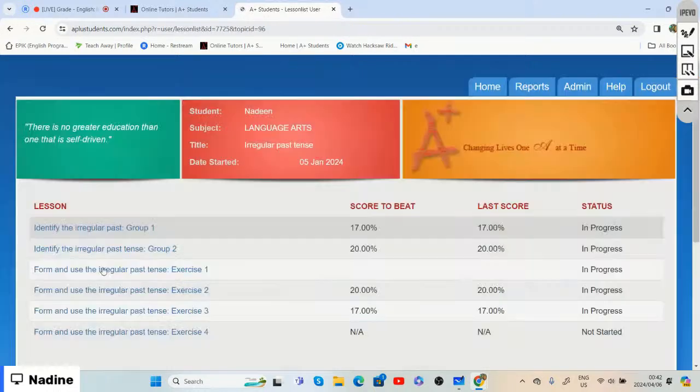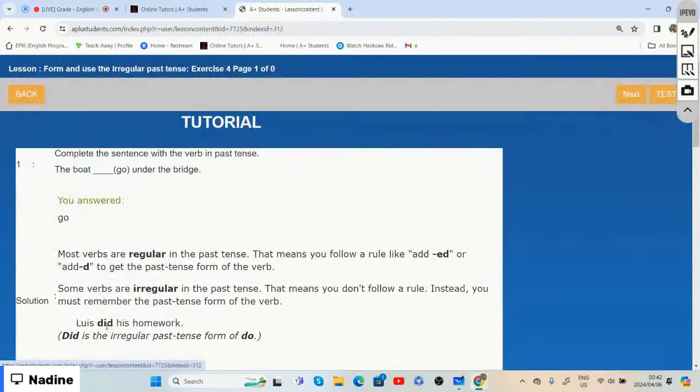All right, so now we're going to the last lesson, which is also to form and use irregular past tense forms. And this is the fourth exercise, right? The boat go under the bridge is getting a bit difficult. Go. What is the past tense of go?